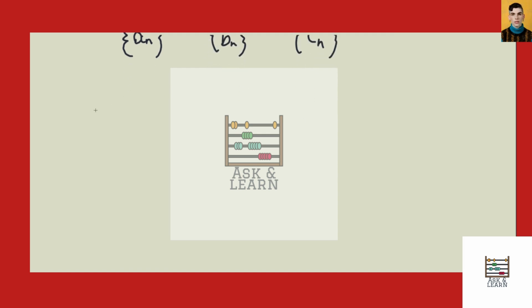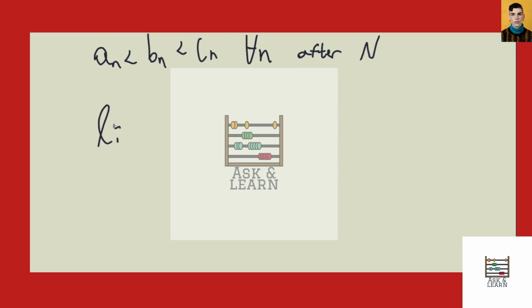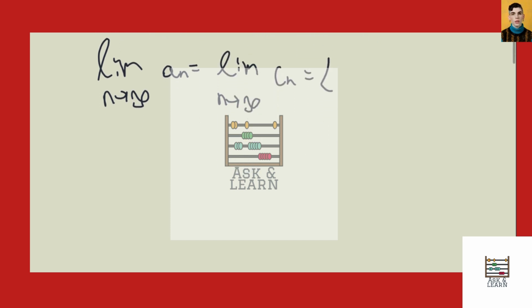Now, if we have that a sub n is less than b sub n, which is less than c sub n, and this holds for all n beyond some index capital N, then we suppose that the limit as n approaches infinity of a sub n is equal to the limit as n approaches infinity of c sub n, which is equal to L. Then we let epsilon be a positive number.